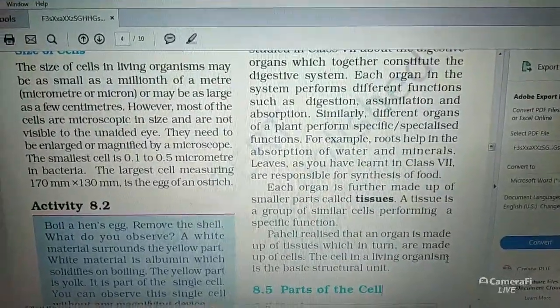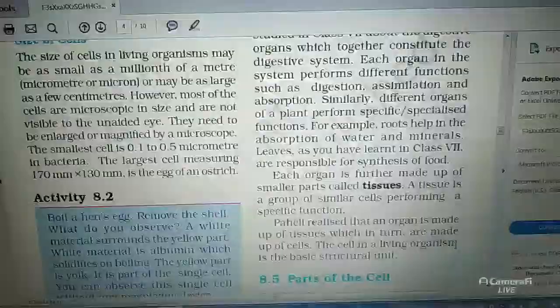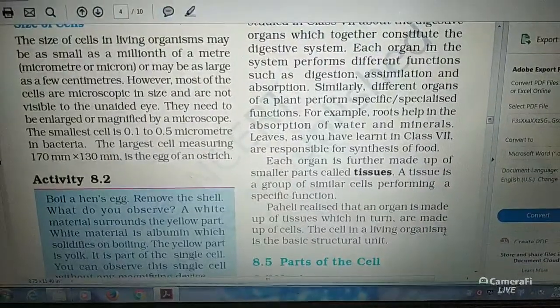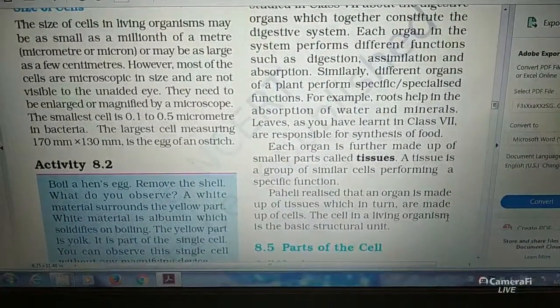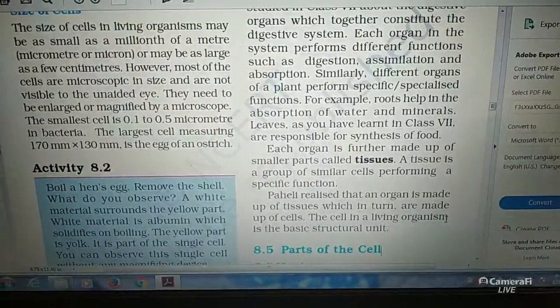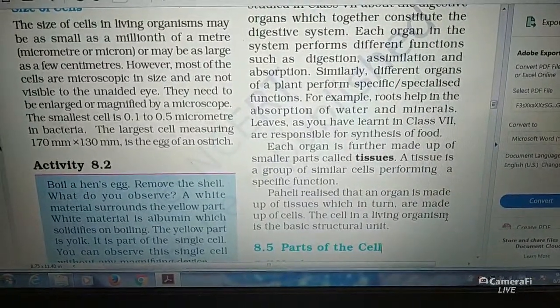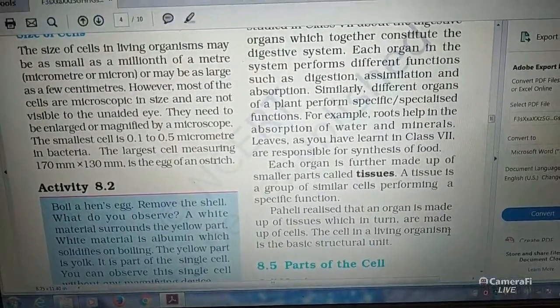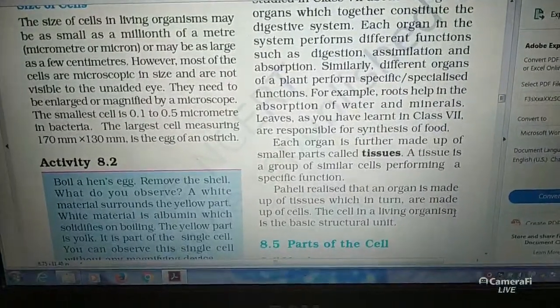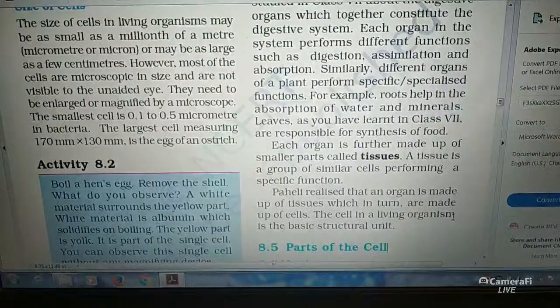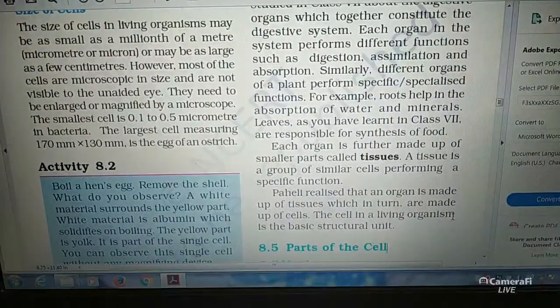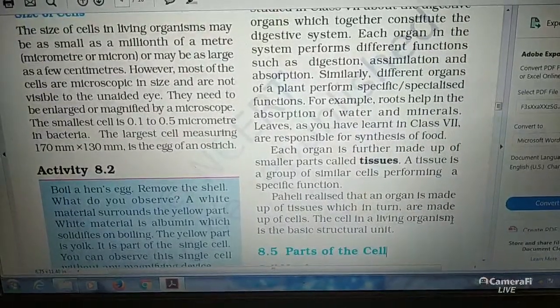The cells are structurally similar and functionally similar; all the cells are similar in the tissue. So when a group of cells similar in structure and in every aspect performs a specific function, it will be tissue.